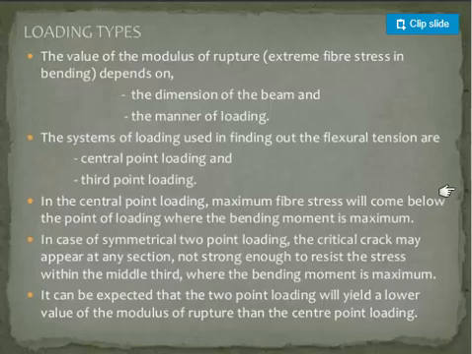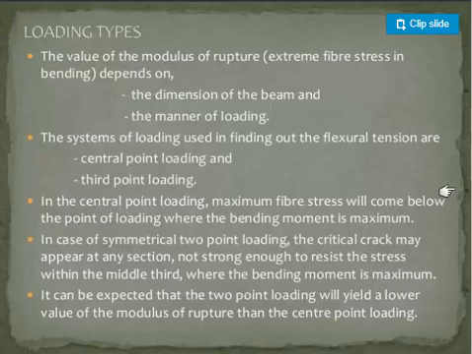In central point loading, maximum fiber stresses will come below the point of loading where the bending moment is maximum. And in case of symmetrical two-point loading, the critical cracks may appear at any section not strong enough to resist the stresses. And it can be expected that the two-point loading will yield a lower value of modulus of rupture than the center point loading.